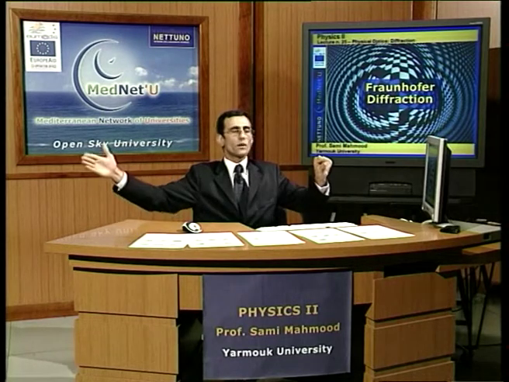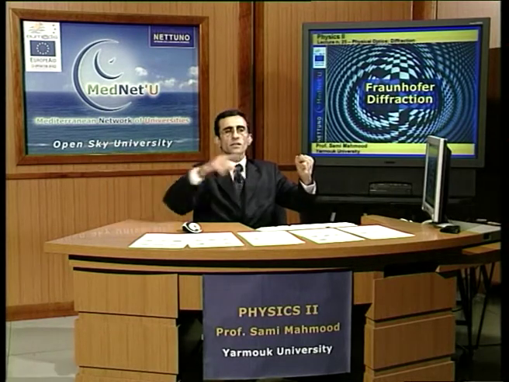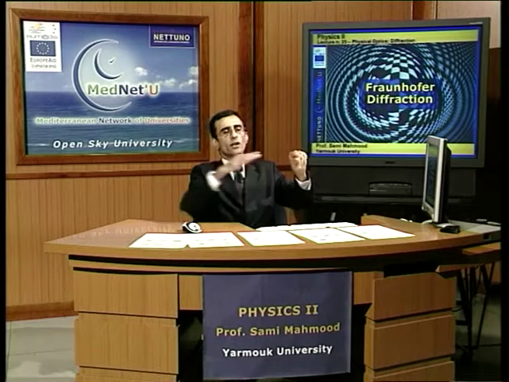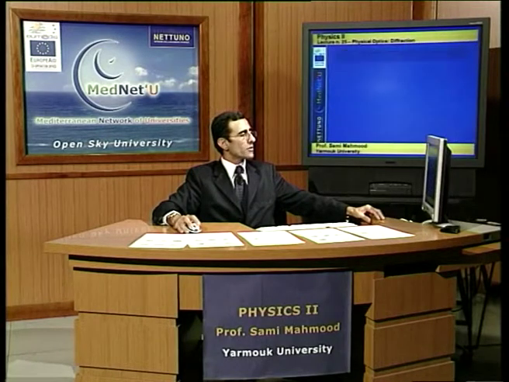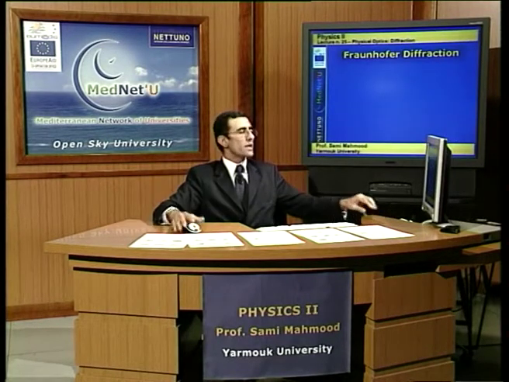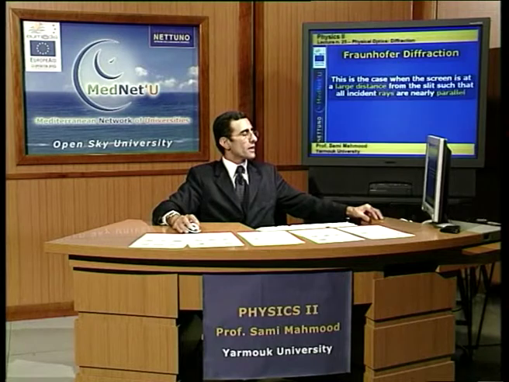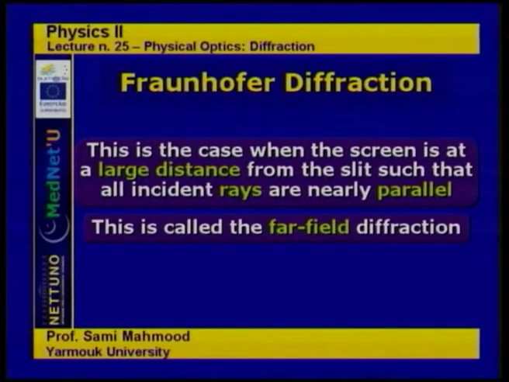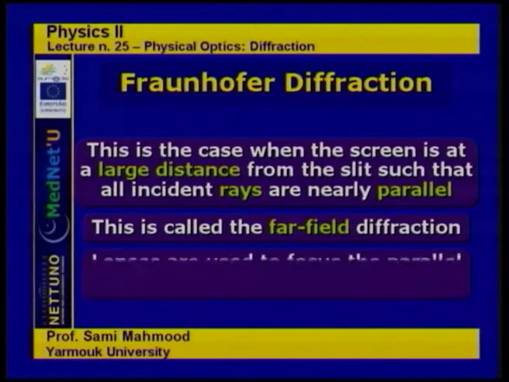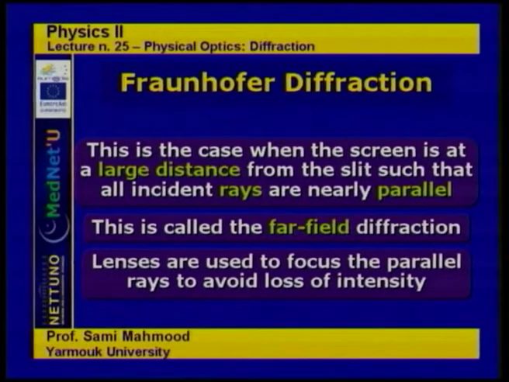But if we get far away, far means the distance is very large with respect to the opening of the slit itself, then the rays would appear parallel, and the fringes or the diffraction pattern that we observe is called the far field diffraction.